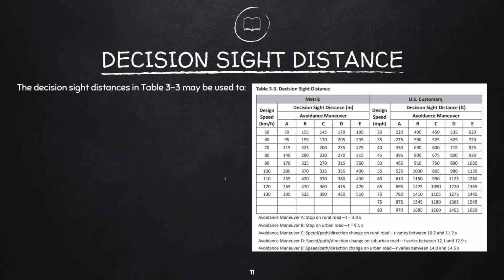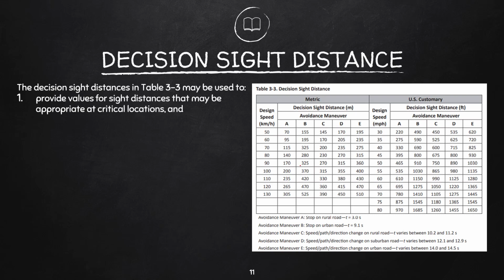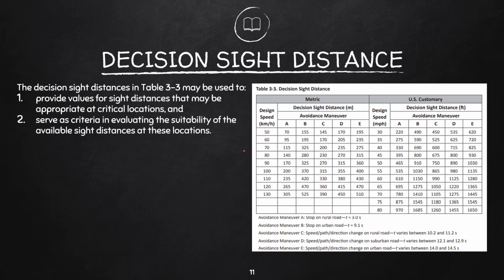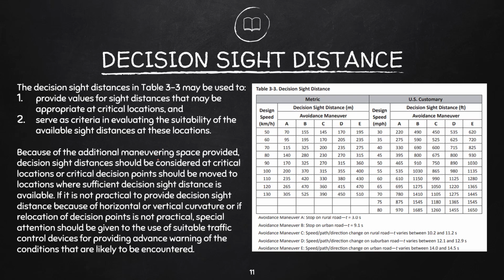The decision site distance in table 3-3, of course this is still from the AASHTO Green Book 2011, may be used to provide values for site distances that may be appropriate at critical locations and serve as criteria in evaluating the suitability of the available site distances at these locations. Because of the additional maneuvering space provided, decision site distances should be considered at critical locations or critical decision points.